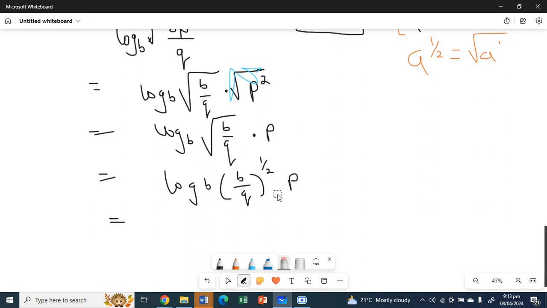Yes. So here, first we can apply the product rule, because we've got two terms attached to each other, b over q to the power half and p.